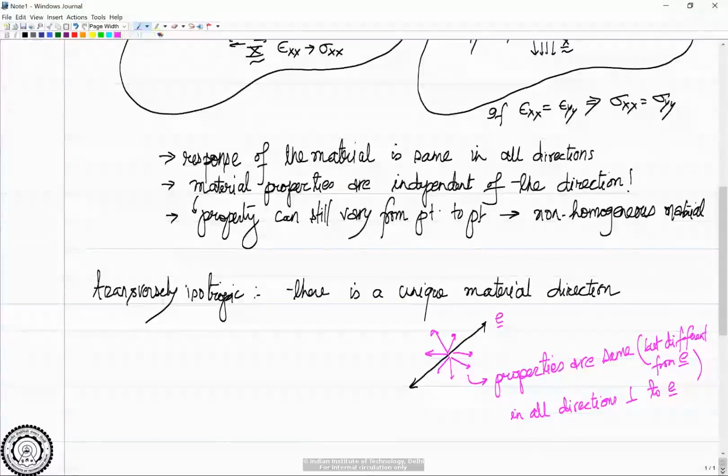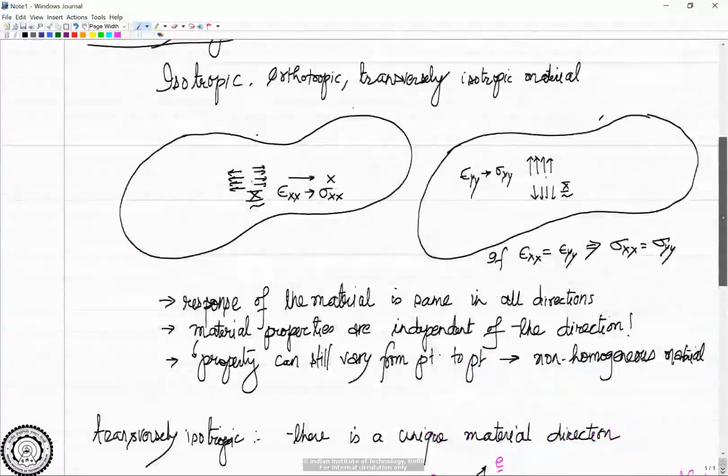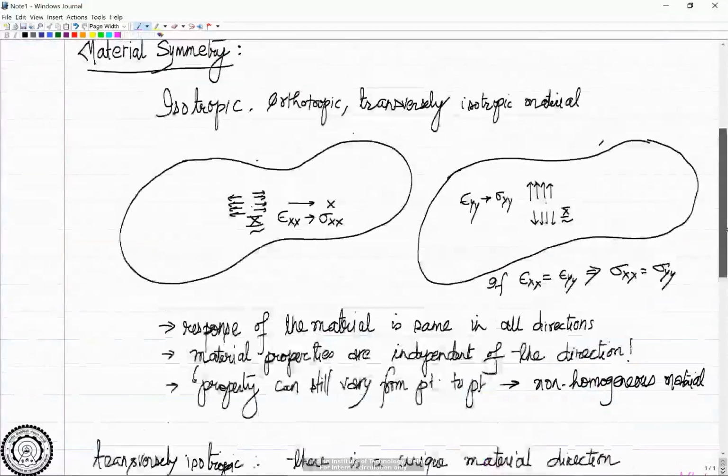This is something coming from physics, and also something that we have seen in our undergraduate course. But we want to make this concept more rigorous from the point of view of finite elasticity. And this comes under the topic of what is called material symmetry.